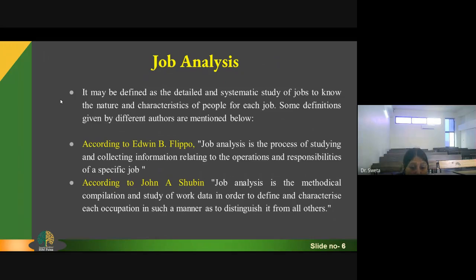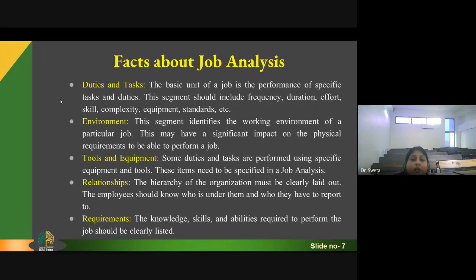Definitions are given by Edwin B. Flippo and Shubin, in which they explain that job analysis is basically the process of collecting and gathering information regarding that particular job. Some facts about job analysis are mentioned: duties and tasks, environment, tools and equipment on which the employee needs to work, relationships, and the requirements.